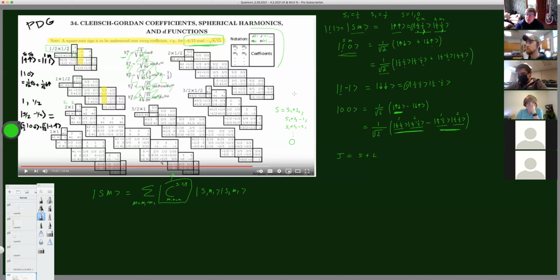That's just typical. So now if you wanted to find the total angular momentum of the atom, let's say you have it in the singlet state, or in the triplet state, you'd have to add a spin 1 with whatever the orbital angular momentum was. So you use the same idea to get the total angular momentum of the atom.